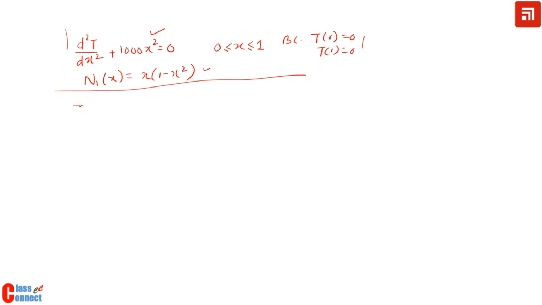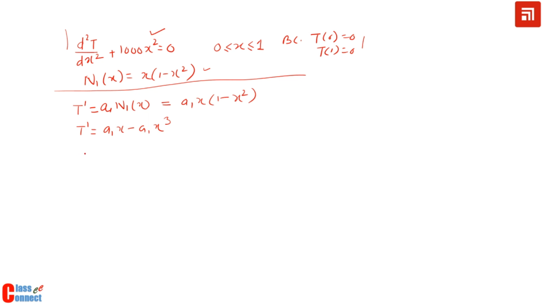So t is the field variable, so now t dash will be equal to a1 n1 x, or it is equal to a1 x(1 minus x square), or t dash I can write down as a1x minus a1 x cube. If I substitute this in the differential equation, we get a residual.